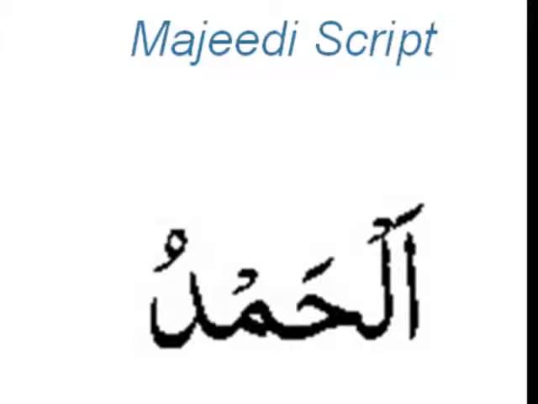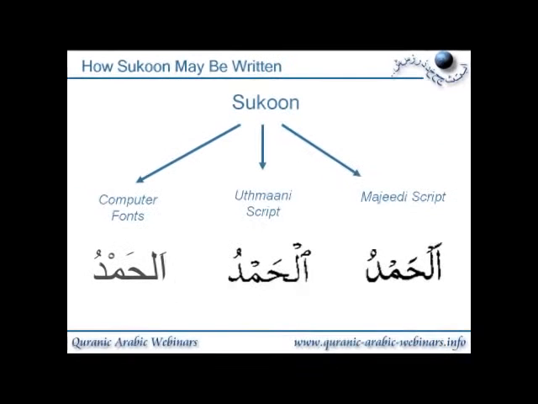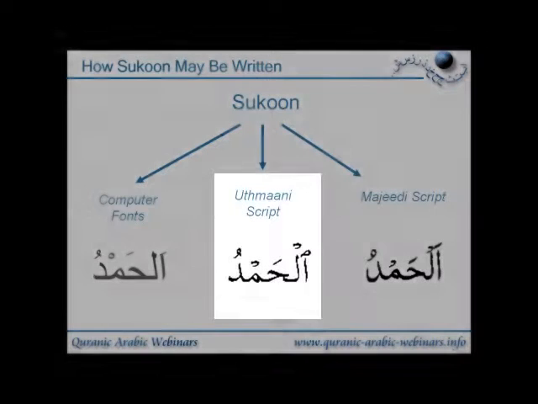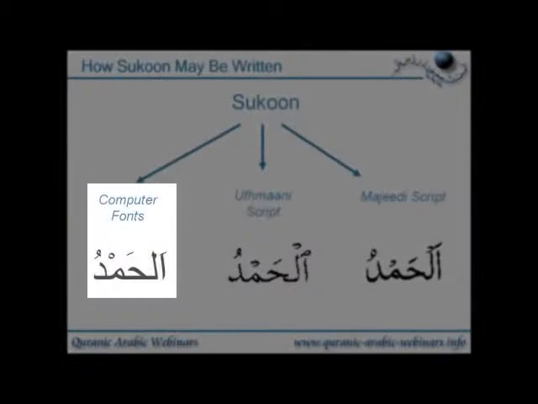In the Majidi script, i.e. again in the Quran, in the different Indo-Pak script, the Sukoon again above the meem is not a full circle. So for our course, we will try to keep to the Sukoon in the Uthmani script format. Be aware, in the Uthmani script, you can also get circles just like the one in the computer fonts on our Alhamdu.